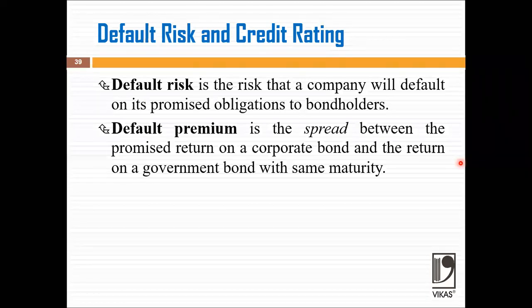Sometimes the company may fail, default, or go bankrupt. At that time you can't recover your invested money. Therefore, you are getting an extra return from them. That's called default premium, right? So the default premium is the difference between the rate of interest paid by the government and the company's bond.